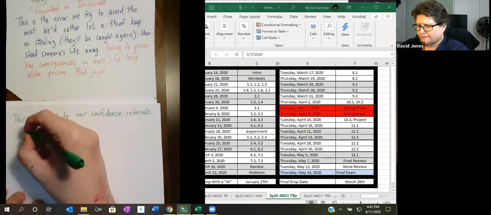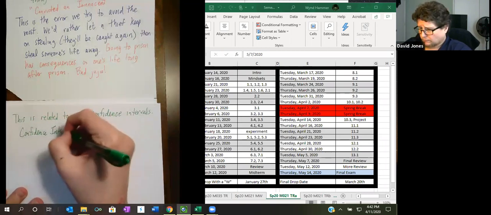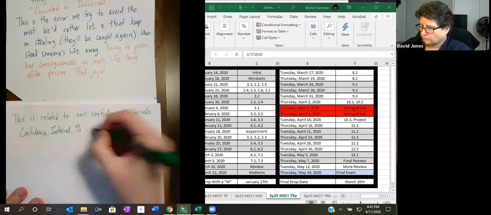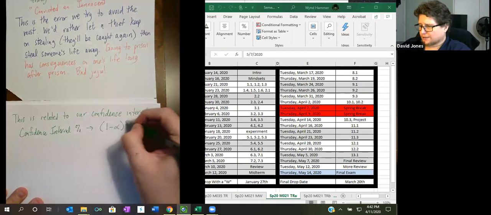The confidence interval percentage tends to be 1 minus alpha times 100%.